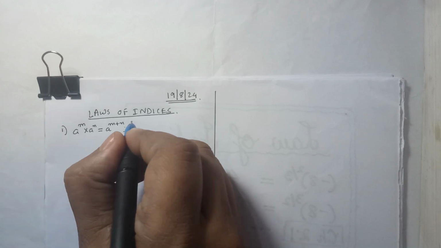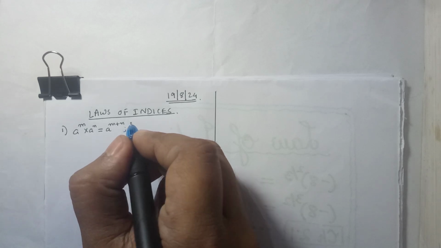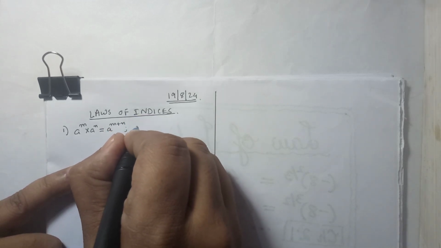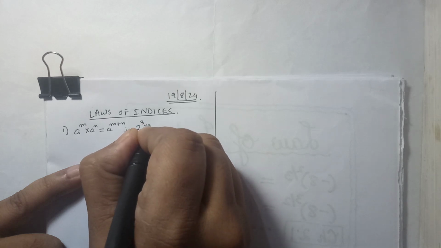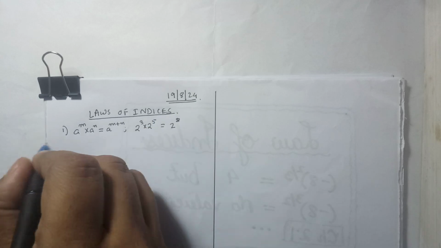So 2 to the power 3 into 2 to the power of 5 will give you 2 to the power 8.